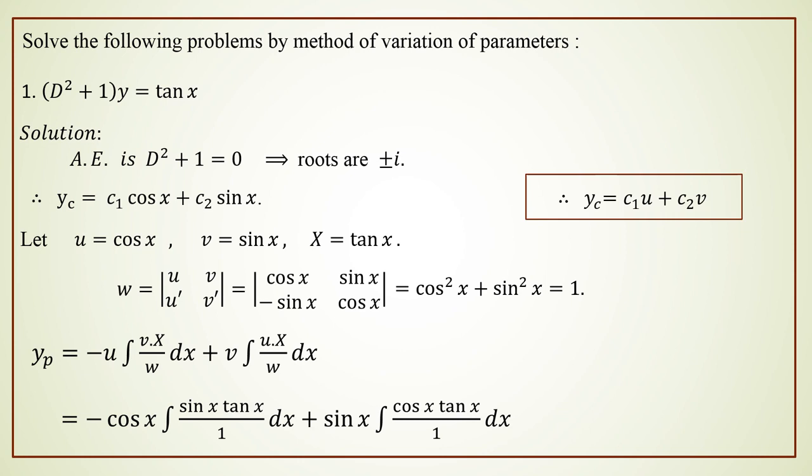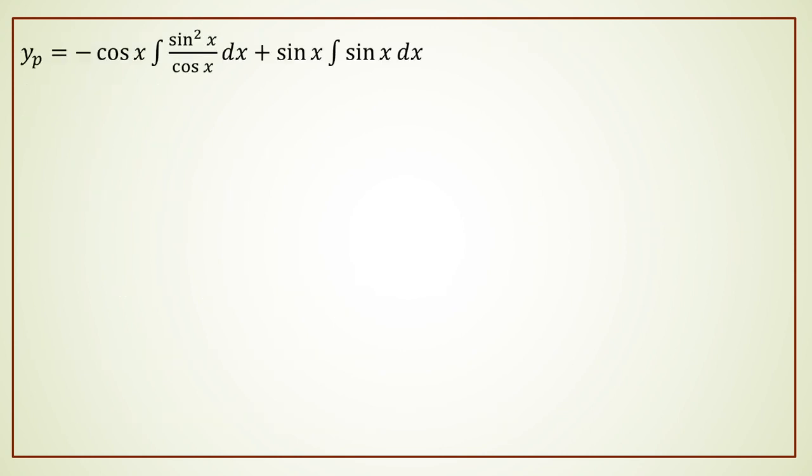Now let me solve the integrals over here by substituting tan x as sin x by cos x, so that the equation reduces to the form yp is equal to minus cos x into integration of sin square x by cos x with respect to x, plus sin x into integration of sin x with respect to x.